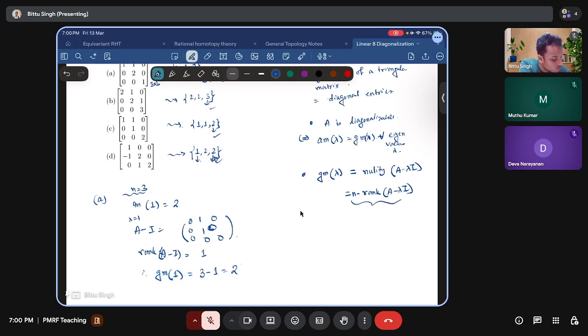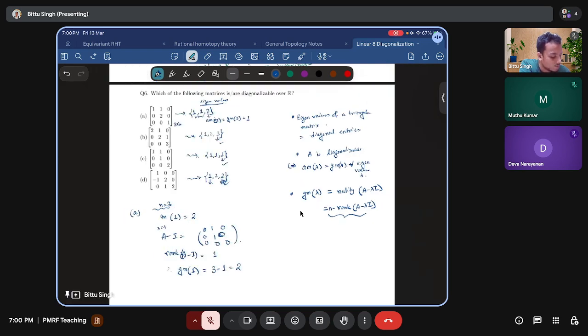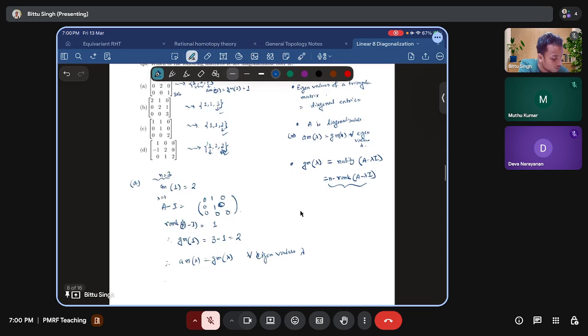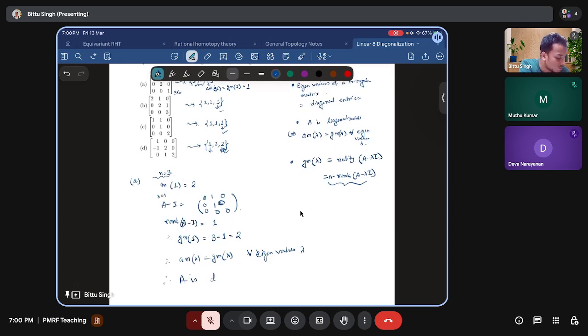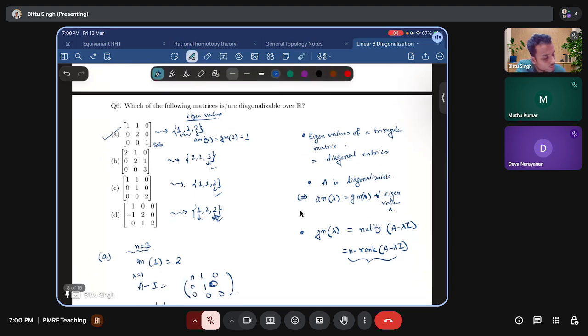So, therefore, algebraic multiplicity and geometric multiplicity are the same for all eigenvalues lambda, therefore A is diagonalizable, right? So here we don't have any problem.